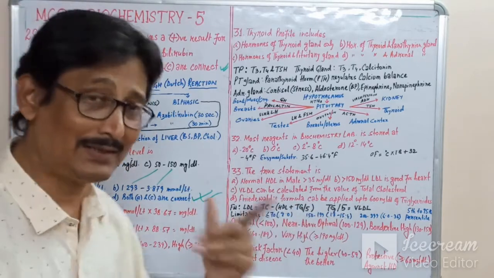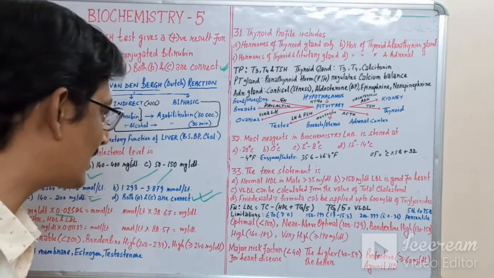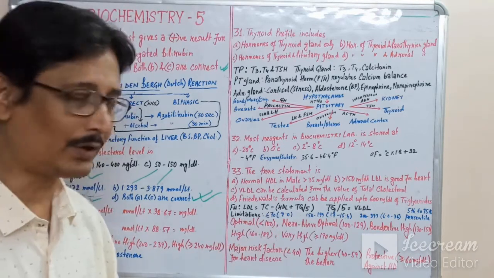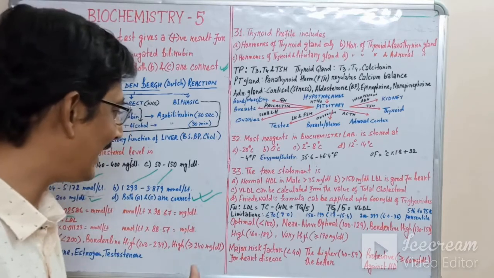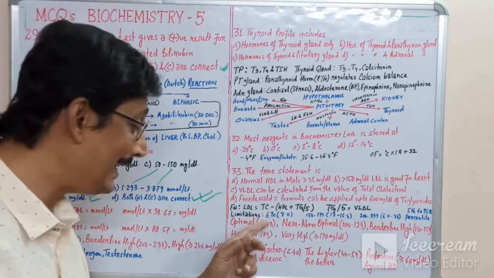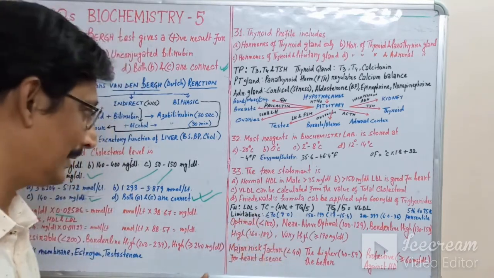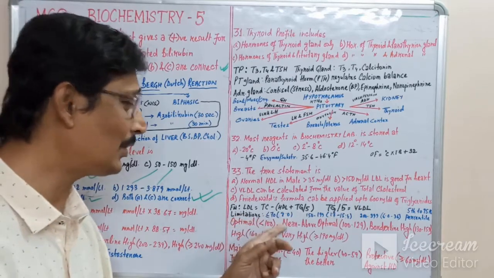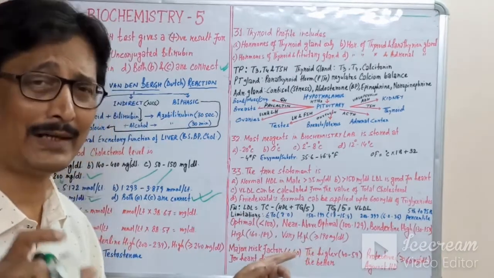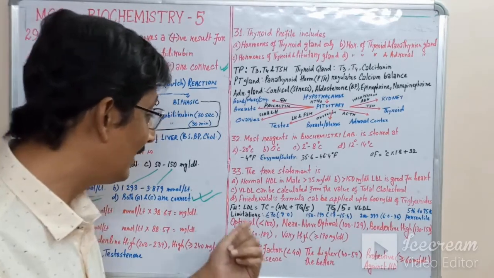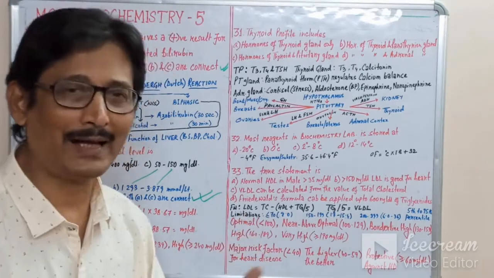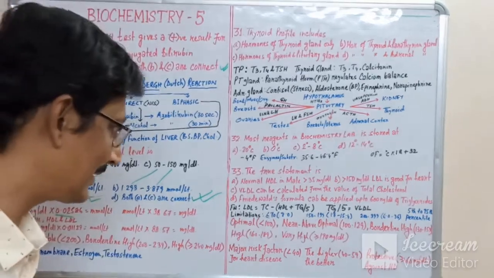Now the limitation of this equation is, according to many studies, cumulative data is like that: at less than or equal to 70 milligram per deciliter of triglycerides, LDL varies by 9 milligram per deciliter.